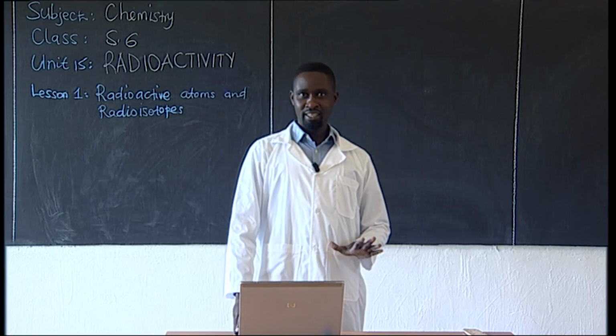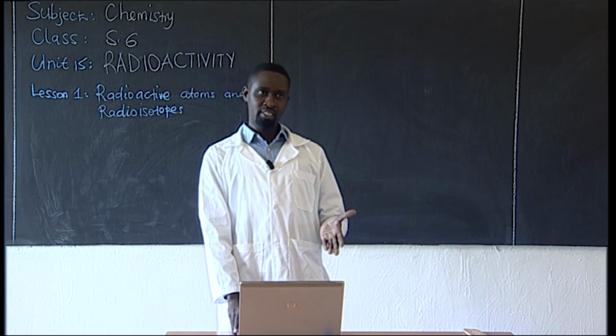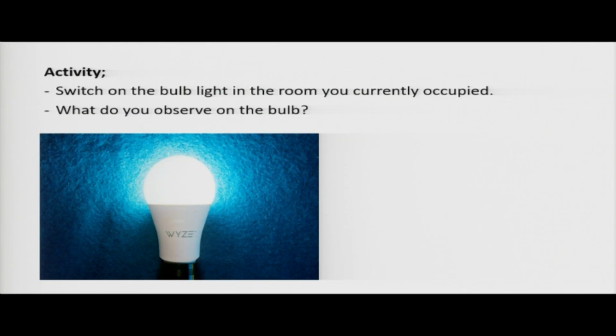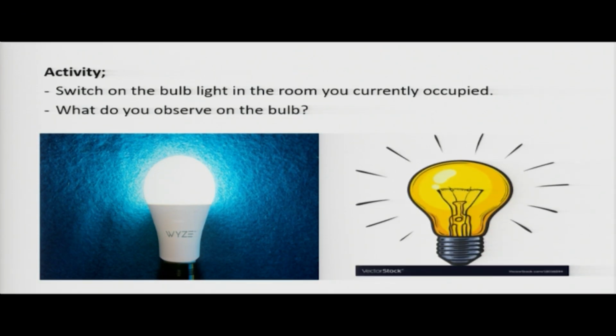Highly likely, the bulb was lit, or you saw the light radiating in the room. The room became brighter. So we can say this bulb emitted light, and we use those sticks, as you see in the illustration, to imply the radiation of light.